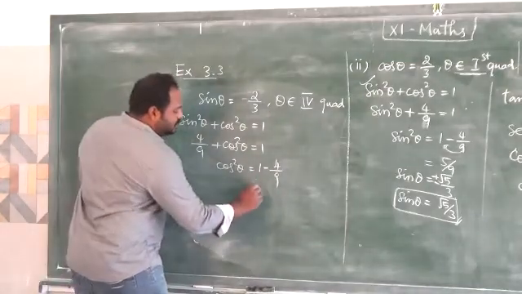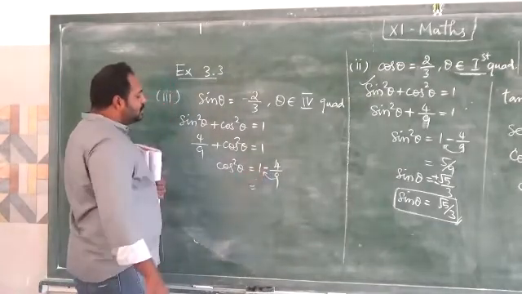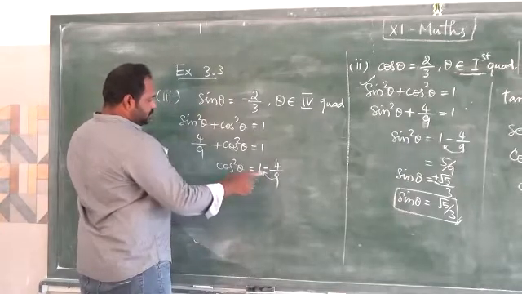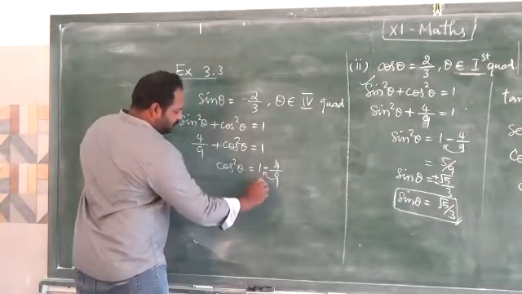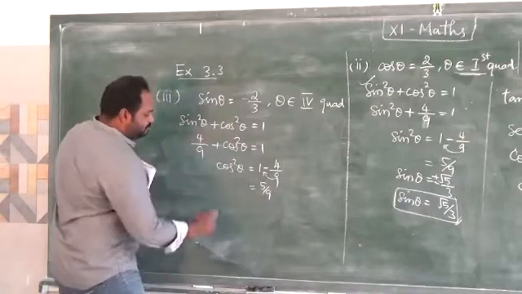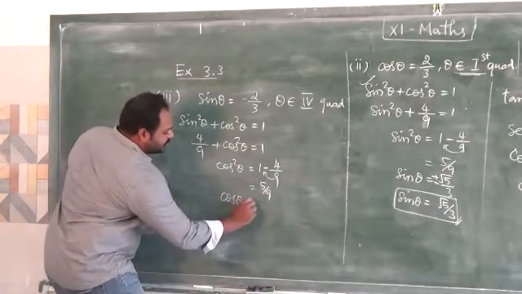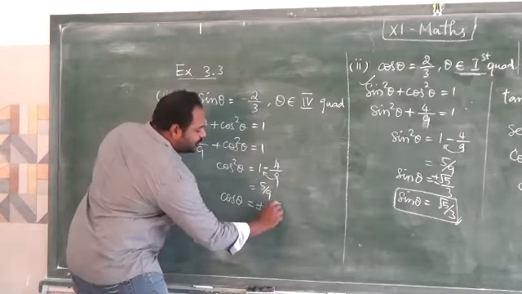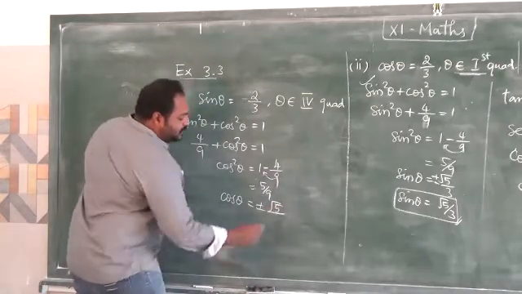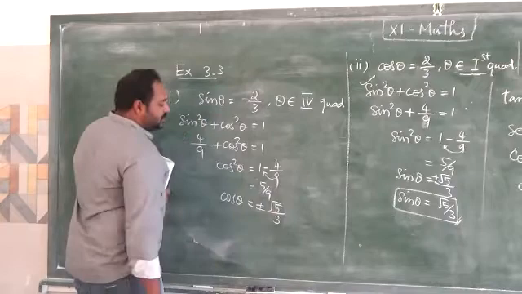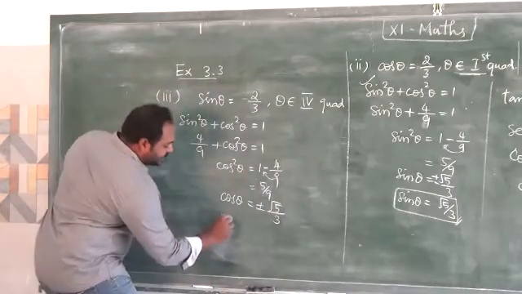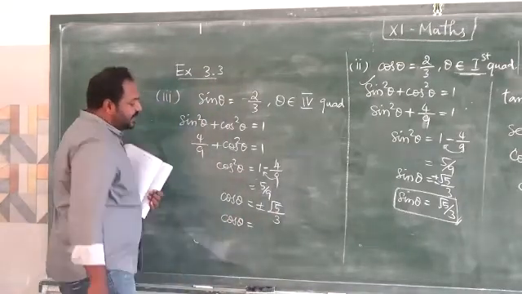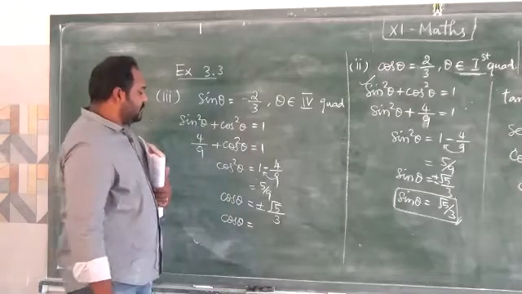So here, 9 minus 4, 5 by 9. So cos theta, I need cos theta, the square root of 5 is root 5, 9 is 3. Next we have to check the quadrant and write the exact value for cos theta.